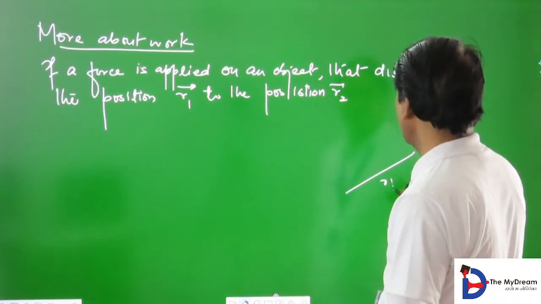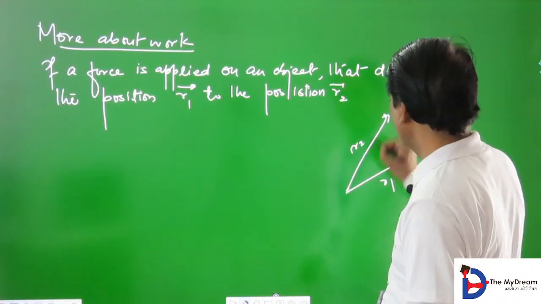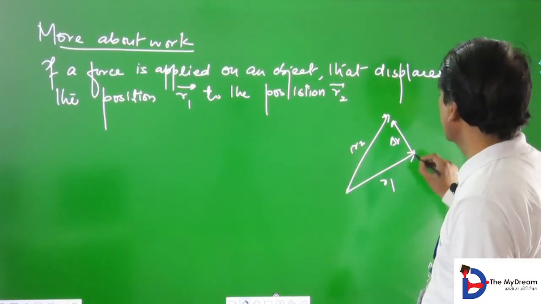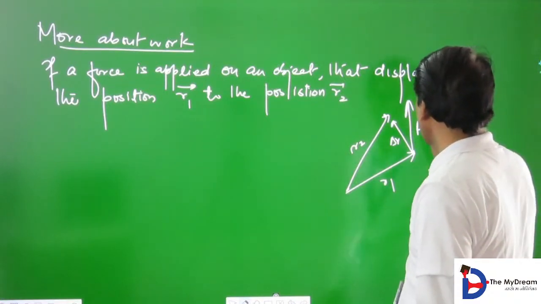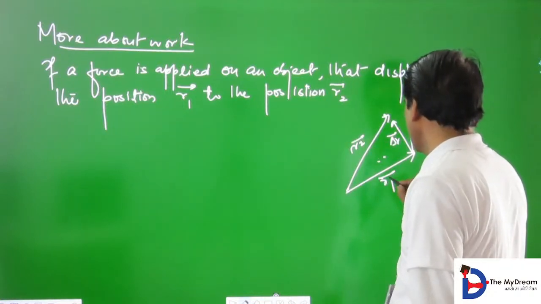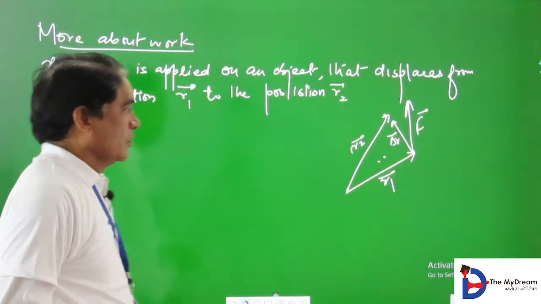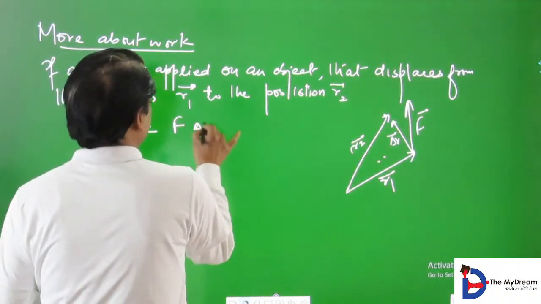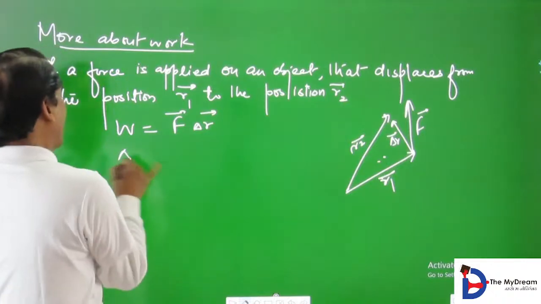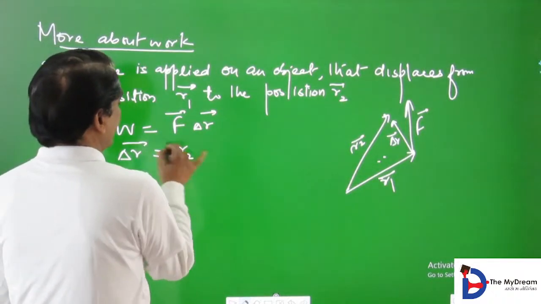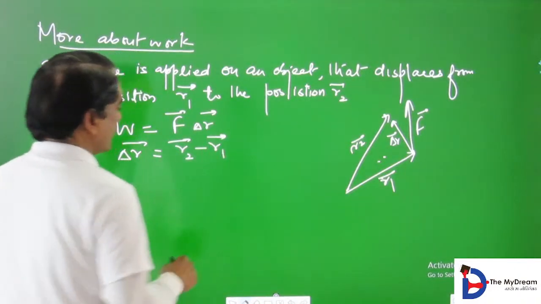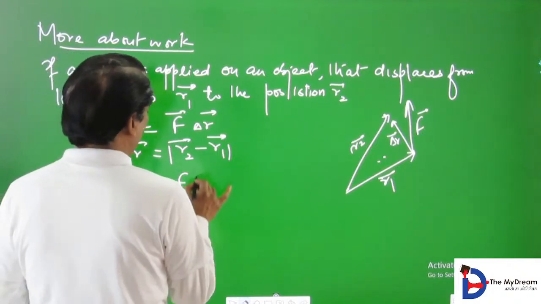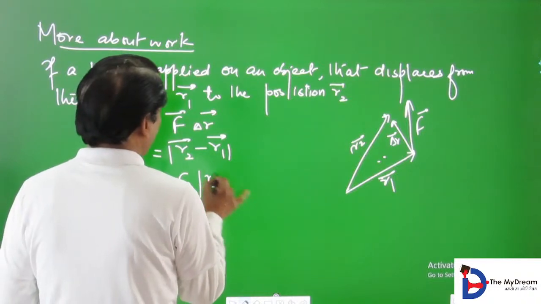This is R1, this is R2, this is delta R. And delta R can be written, as I told you in the previous lecture, as R2 minus R1.